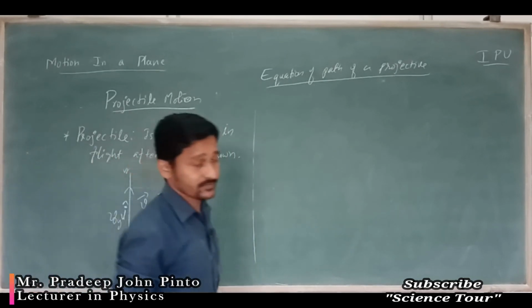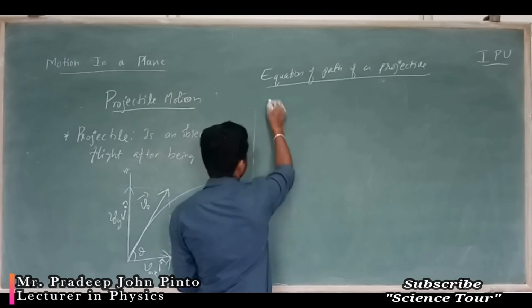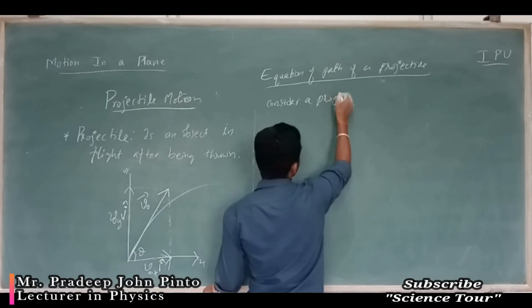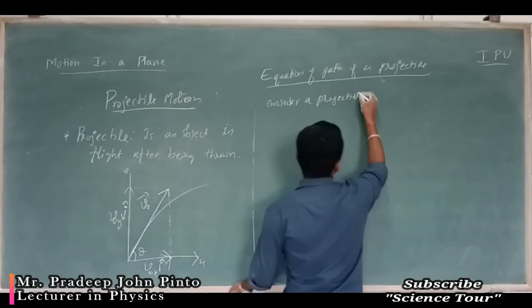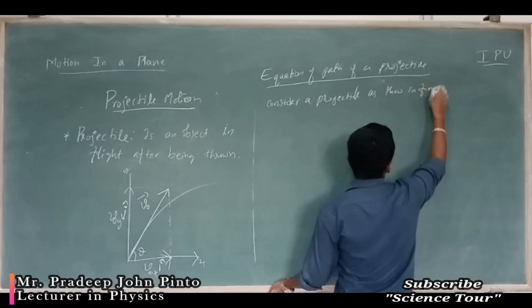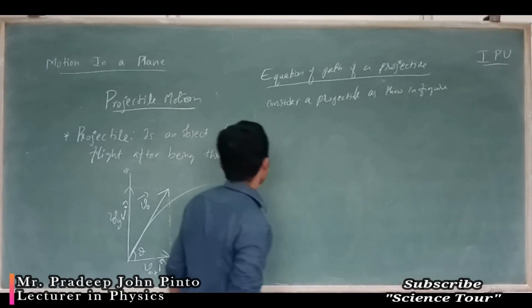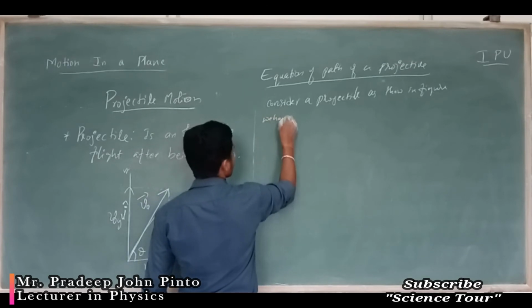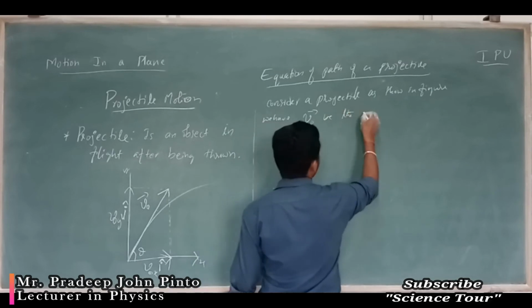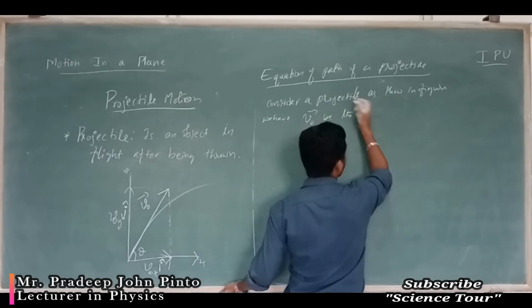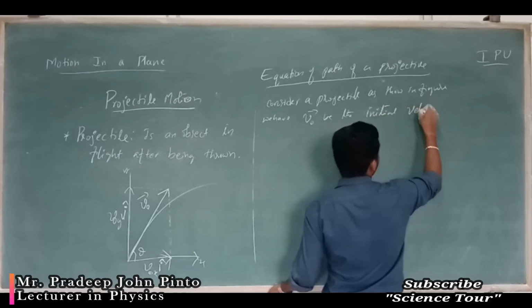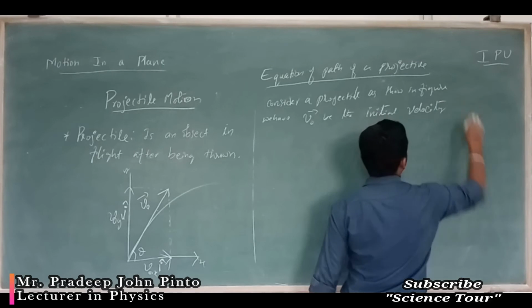Consider a projectile as shown in the figure. We have V naught vector be the initial velocity.